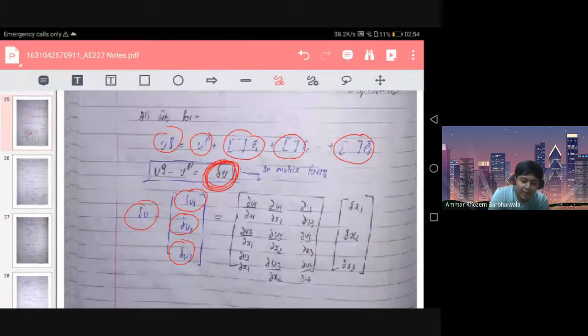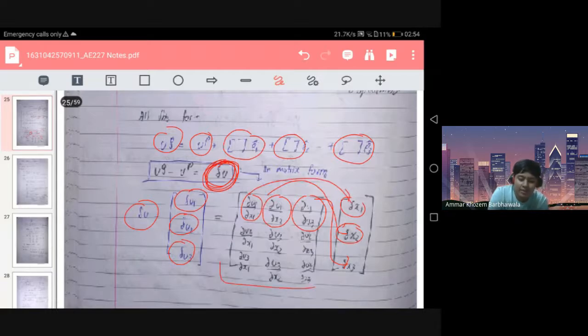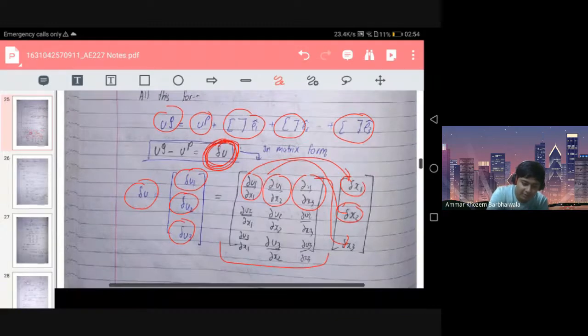So basically, it's the same thing as before, just represented in terms of matrix multiplication in this case.